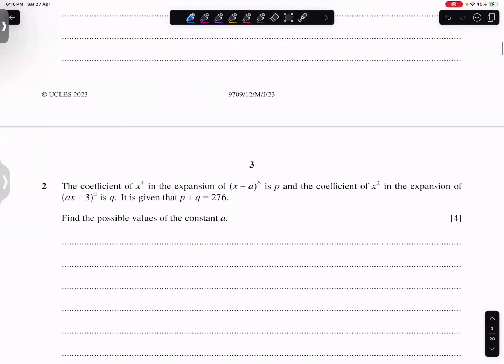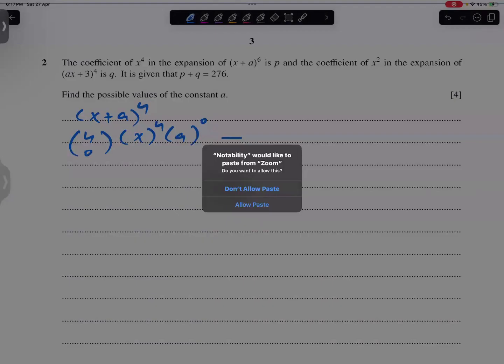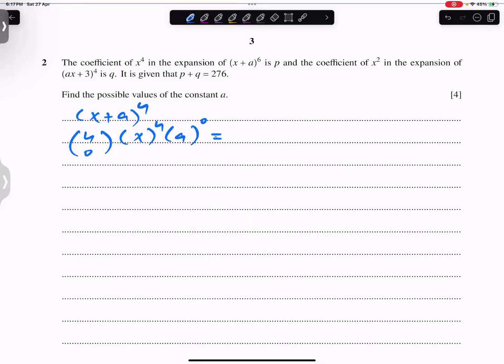Next question is the coefficient of x4 in the expansion of this is p. So (x plus a) power 6, it has power 6.